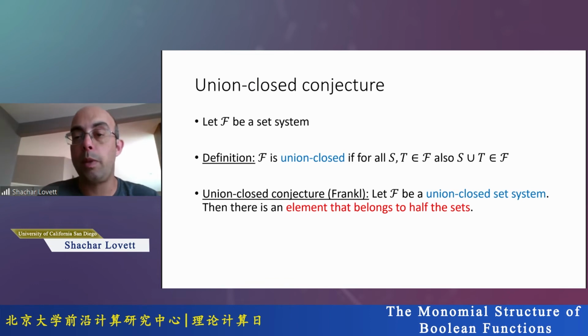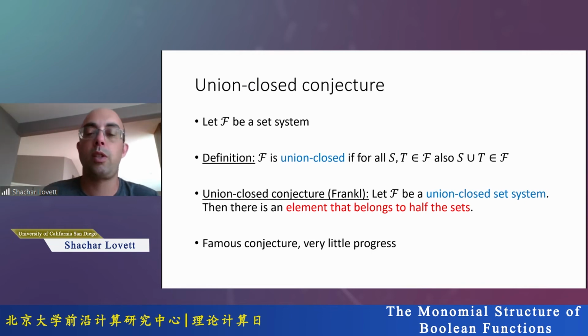Then every element belongs to exactly half the sets. And what Frankl conjectured is that basically that's going to be the case always: there's always going to be some element belonging to half the sets. That's been open for like 40 years now, and nobody has any clue how to prove anything about it. So again, very easy to state, very hard to make any progress on, which makes it, of course, a very fun problem to spend time thinking about.